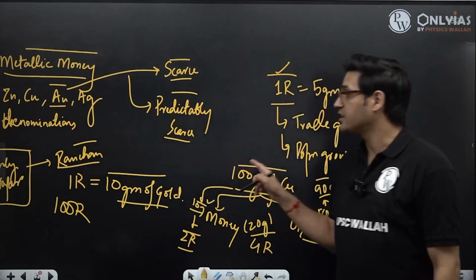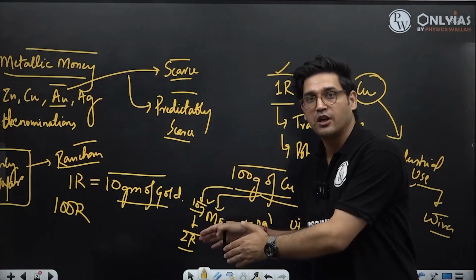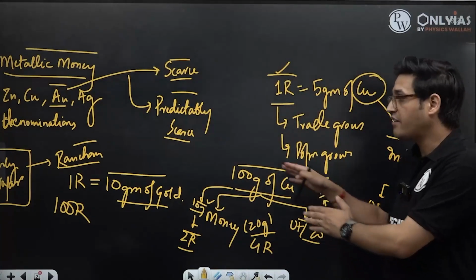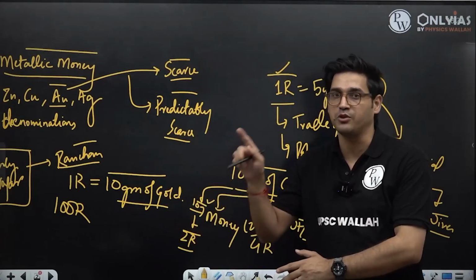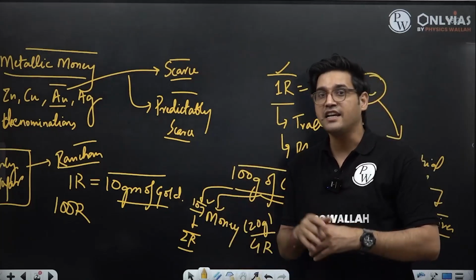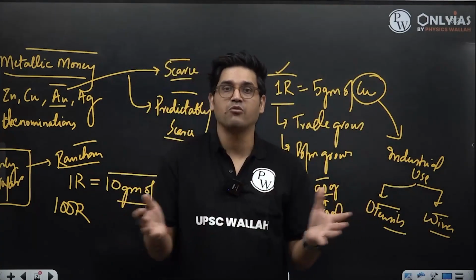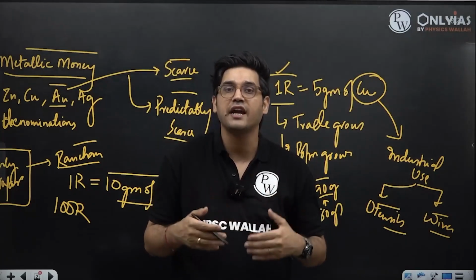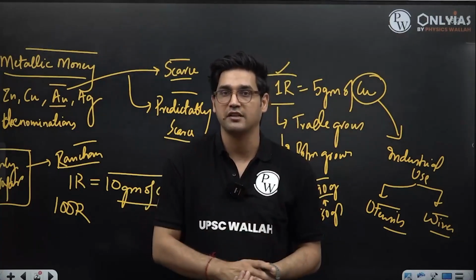As the economy grows, there will be more requirement of copper coins. But since copper has other uses also, you will have lesser copper available for making copper coins, which will be used as money. And in an economy where there are fewer copper coins and everybody wants these copper coins, quite obviously they will be willing to trade their produce for copper coins at a much cheaper price.